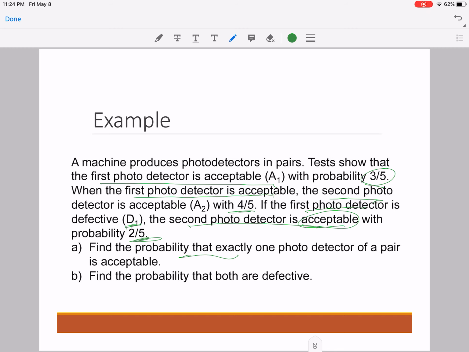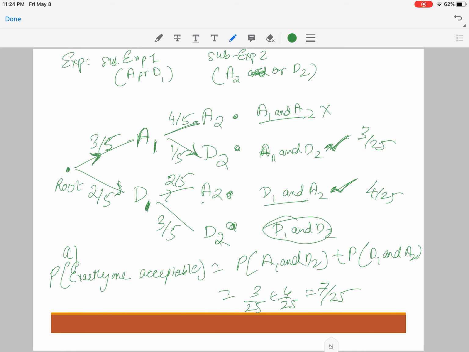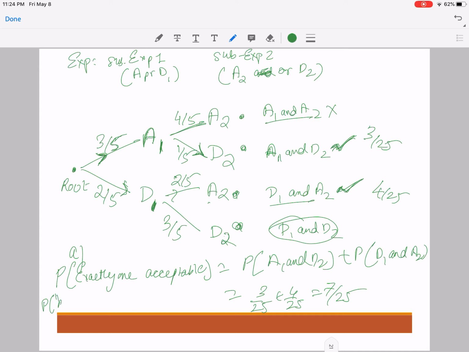The next one is to find the probability that both are defective. Both have to be defective. So this is the leaf that corresponds to both defective. So probability of both defective is equal to probability of D1 and D2, and that probability will be obtained by tracing the path from the root all the way to that leaf.